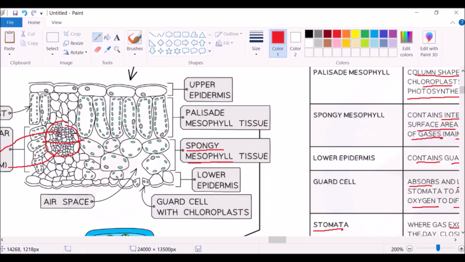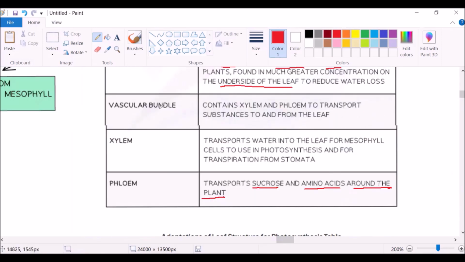So the vascular bundle is part of the network of veins that we find on the leaf, distributing water and mineral ions to cells in the leaf and taking away sucrose and amino acids produced by the leaf to other parts of the plant. So the vascular bundle contains xylem and phloem to transport substances to and from the leaf.